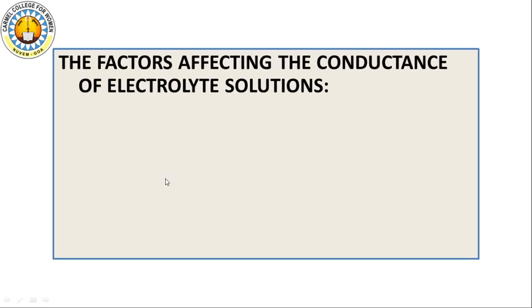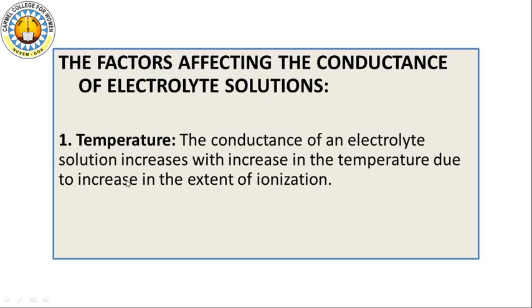Okay, next is the factors affecting the conductance of the electrolyte. On what factors does the conductance of the electrolyte solution depend? First is the temperature. The conductance of an electrolyte solution increases with the increase in temperature due to the increase in the extent of ionization. What do we mean by ionization? Ionization is nothing but formation of the ions. So, as temperature increases, ionization increases.